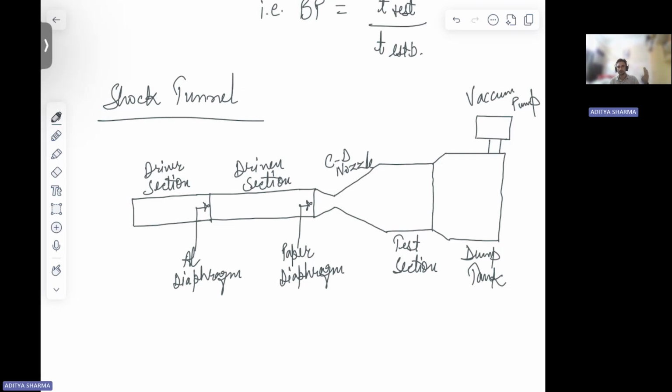It is a tube and we are showing one plane. So this is your driver section, one tube. Then the driven section, right? Then you have your CD nozzle. These are kind of conical shapes, kept horizontally. And from here the test section can again be cuboidal also, right?